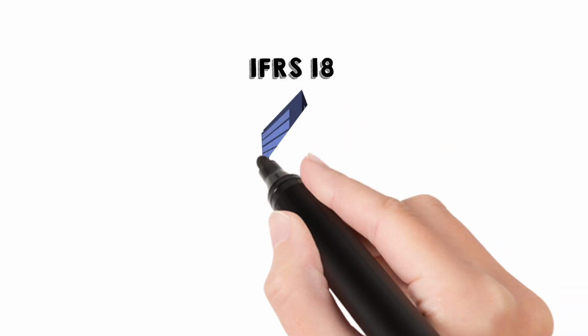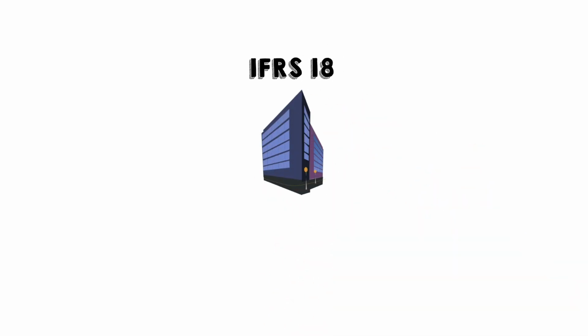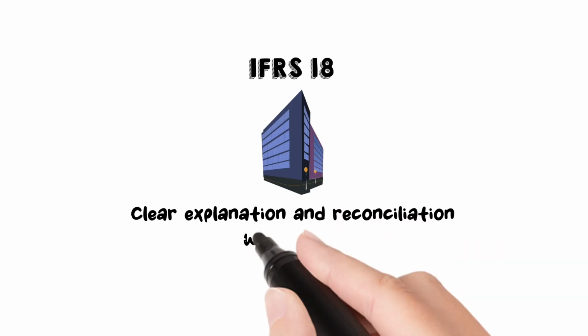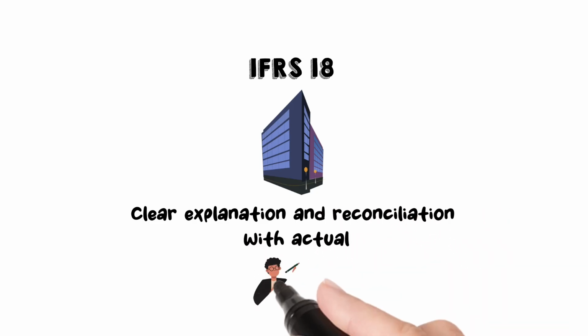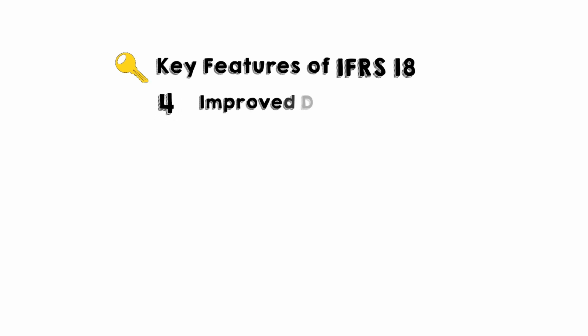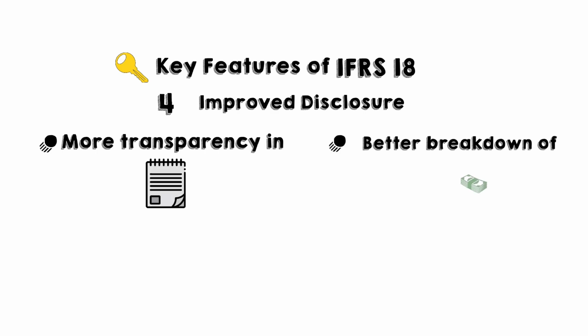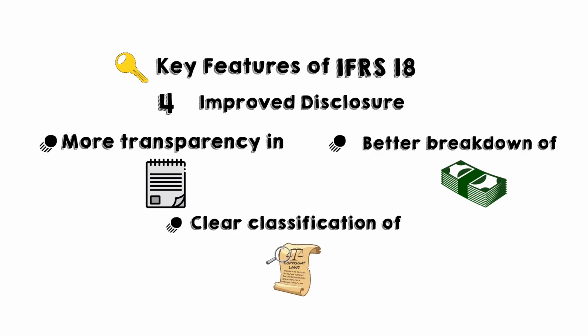IFRS 18 requires companies to give a clear explanation and reconciliation with actual numbers. 4. Improved disclosure: more transparency in notes, better breakdown of expenses, clear classification rules.